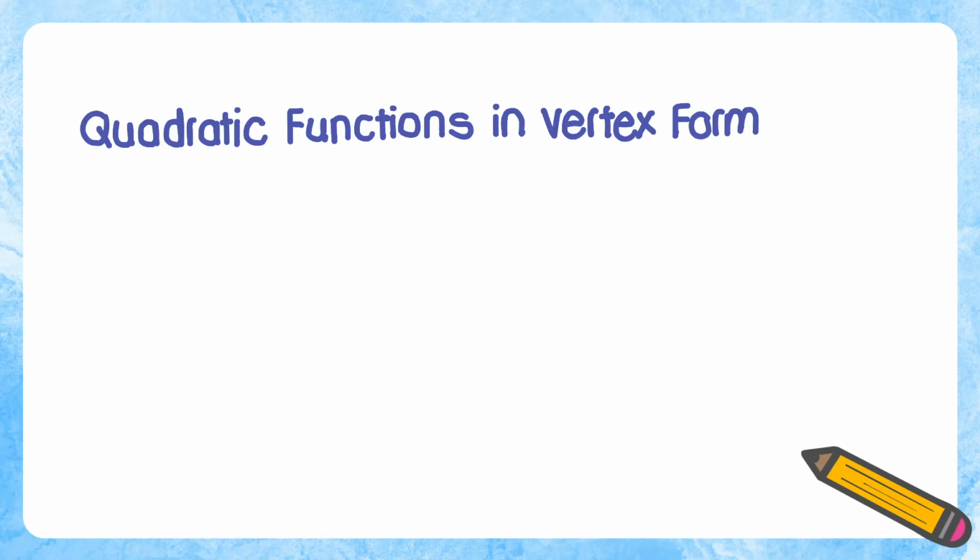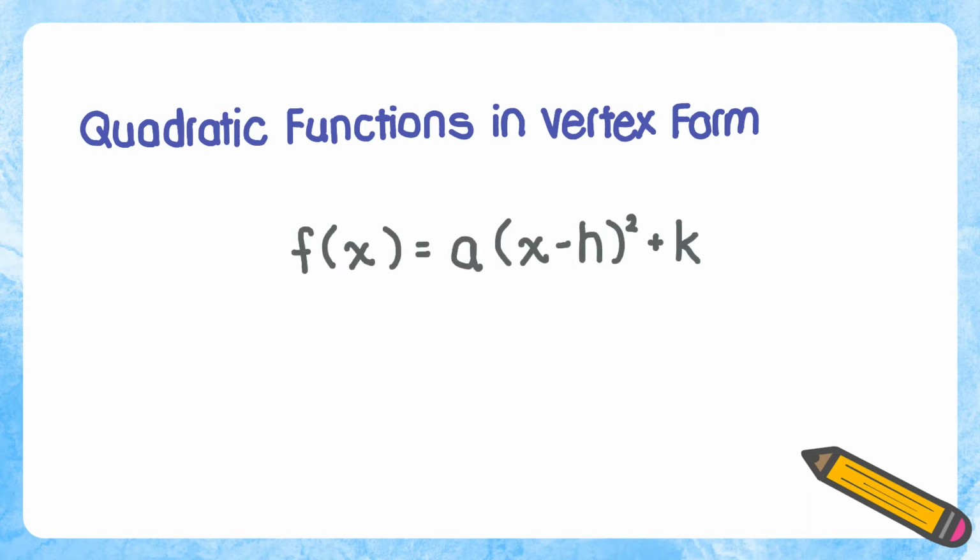As a review, let's look at quadratic functions written in vertex form. We have f of x equals a times x minus h quantity squared plus k. Let's look at what each parameter tells us.